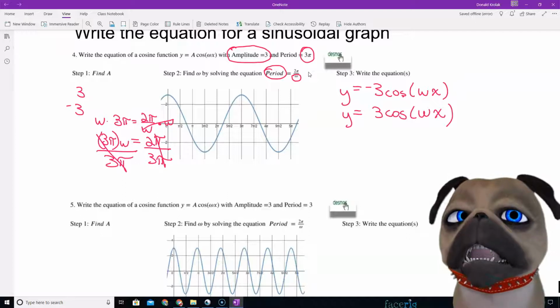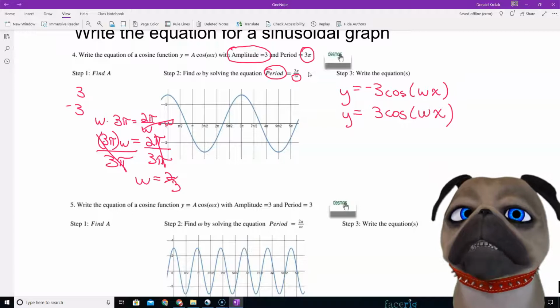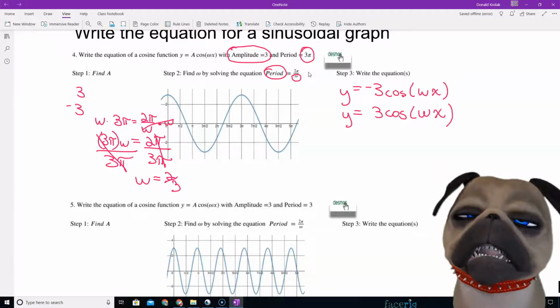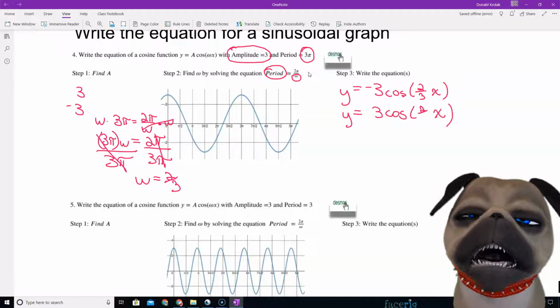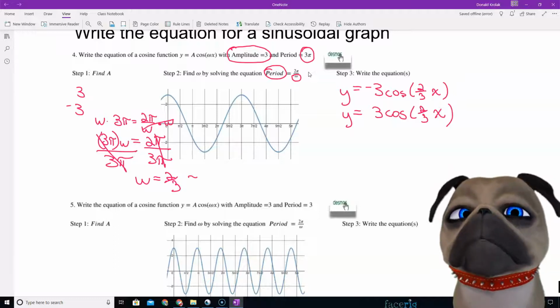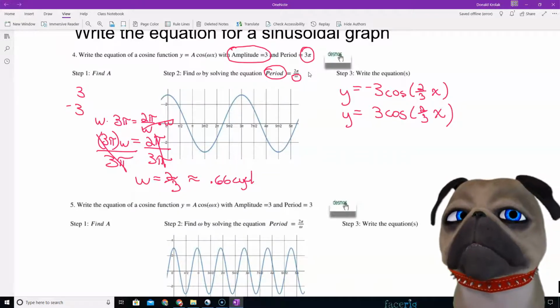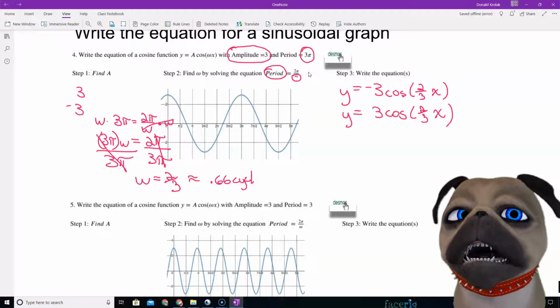And I get omega, or the frequency, is 2/3. So my omega comes out here and I replace it with 2/3. So 2/3 is like 0.666 of a cycle, so we should see a little bit more than a half of a cycle.